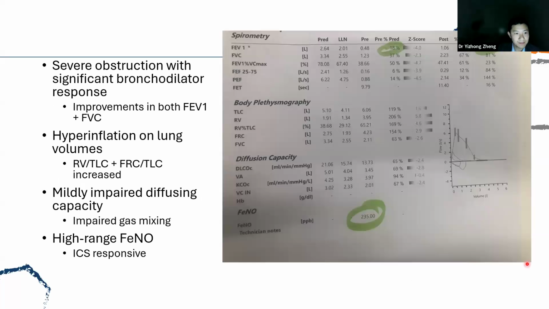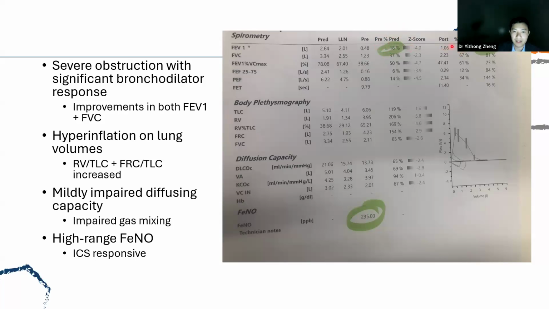Next case. So this is an example of a severe obstruction. You can see their FEV1 to FVC ratio is 39% of predicted with significant bronchodilator response. Just to illustrate the maths, their percentage predicted pre-bronchodilator is 18%, their post is 40%. So it's a 22% change.